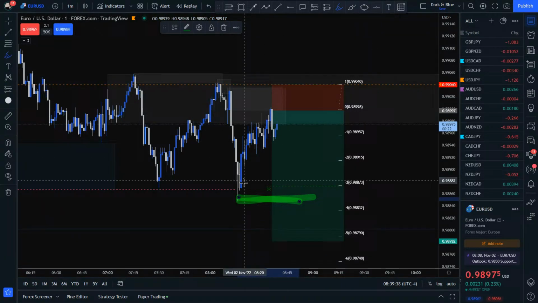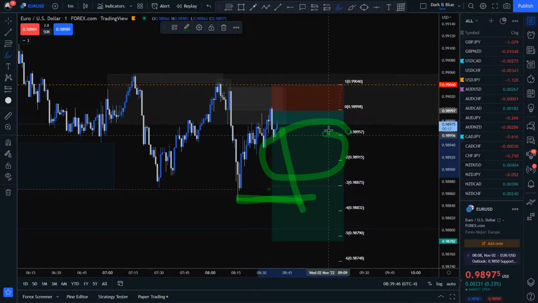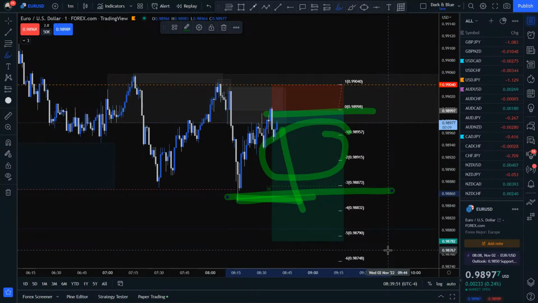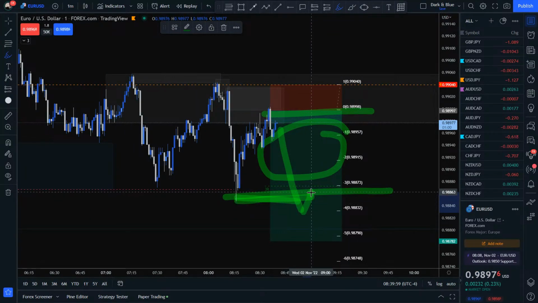If price breaks the low here, then I have all of this space between my stop loss and current price. If price wants to go back to my entry and knock me out, it has to go through all this structure.